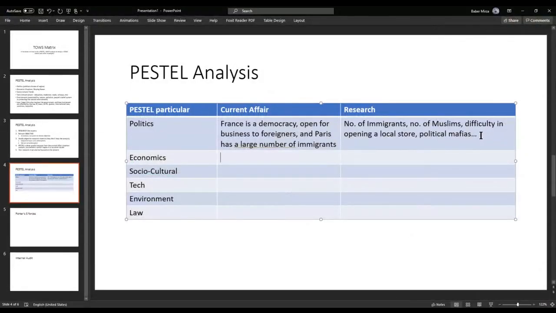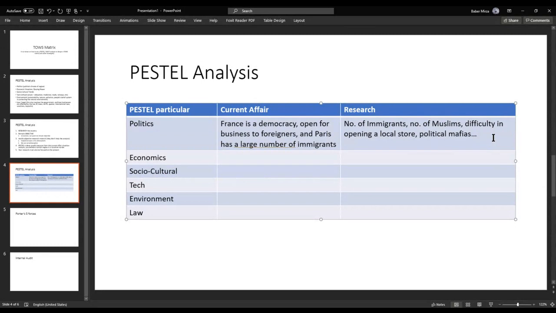I agree. Number of foreign businesses in Paris too, but this is in politics. I'm saying open to business. I'm pretty sure there are numerous foreign businesses in France itself. Well, I'm trying to open up a small chain.